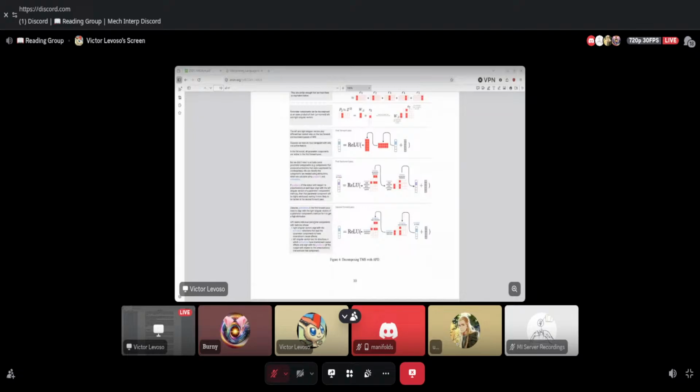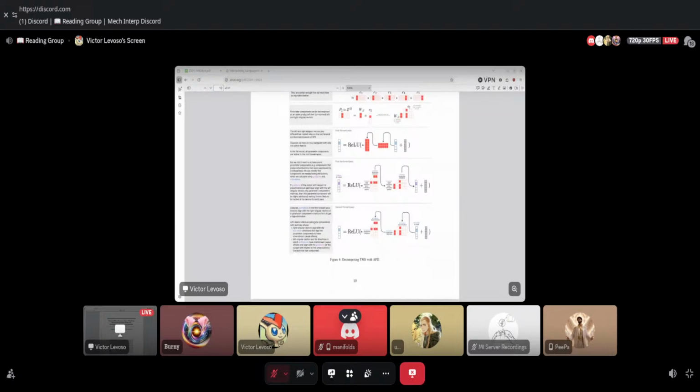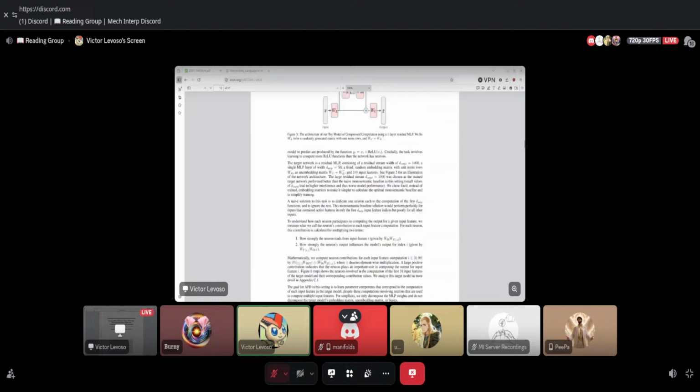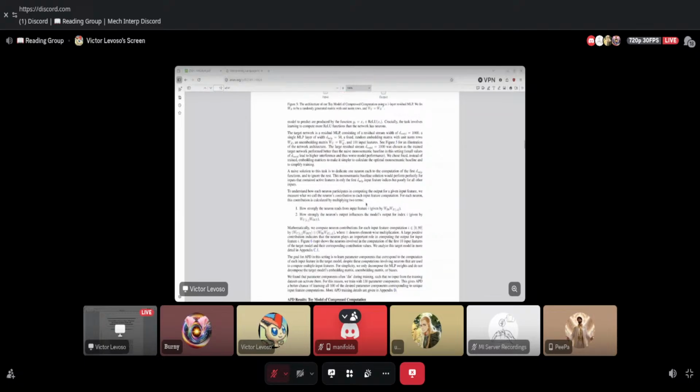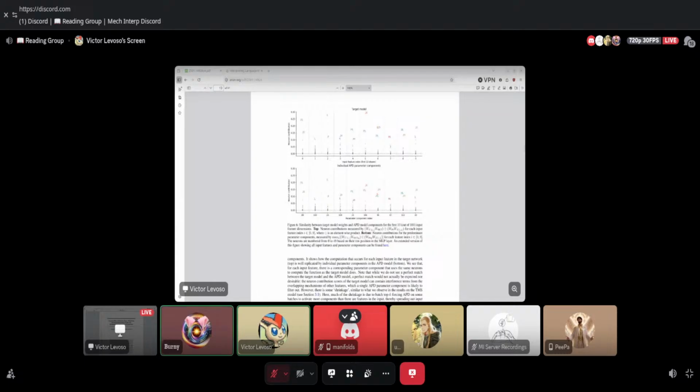Let's see. Stochastically sample masks. Something that apparently is more true than I thought, talking with Crow: with this kind of methods, you don't get feature splitting, even for giant LMs.